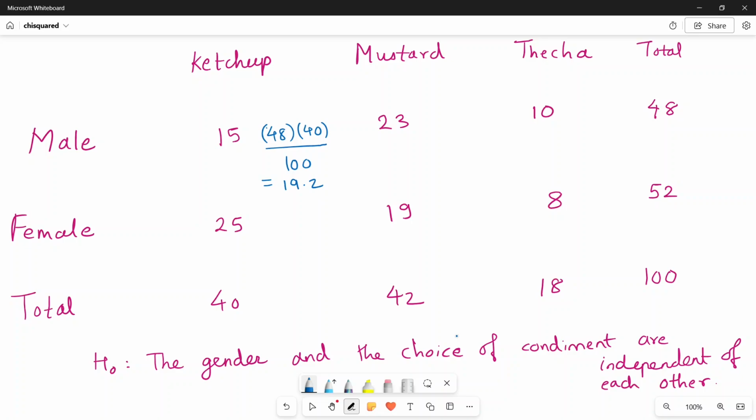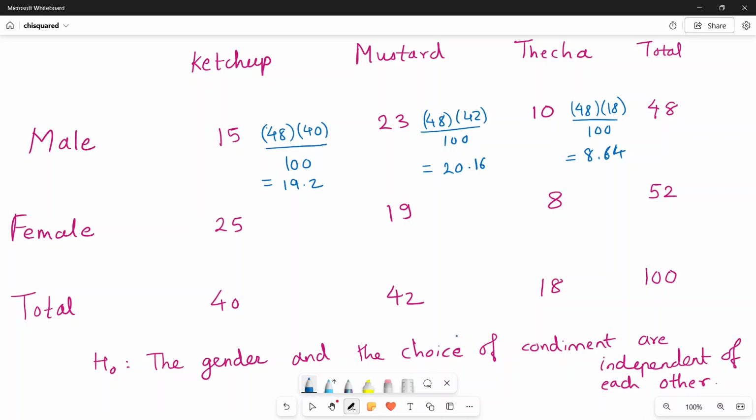Similarly, here it will be row total into column total divided by 100. If you want, you can pause and calculate. This will be 20.16. In this case, it is 48 into 18 divided by 100. So this comes out as 8.64.